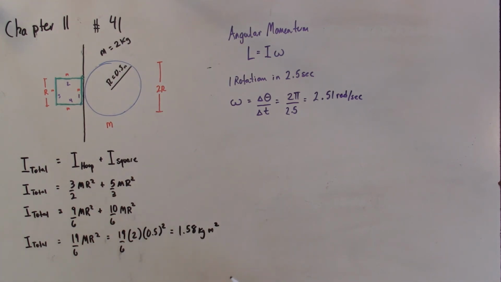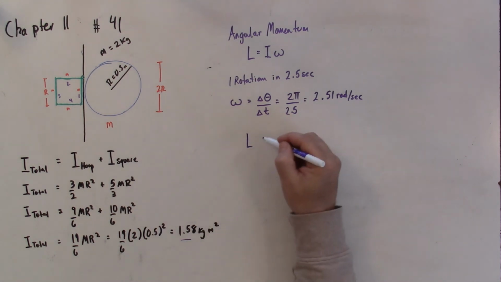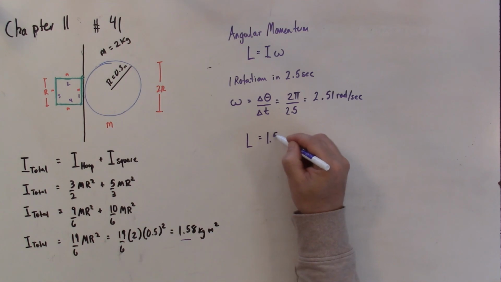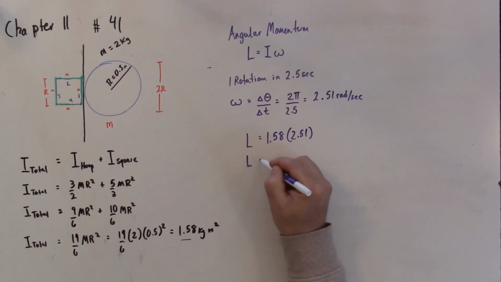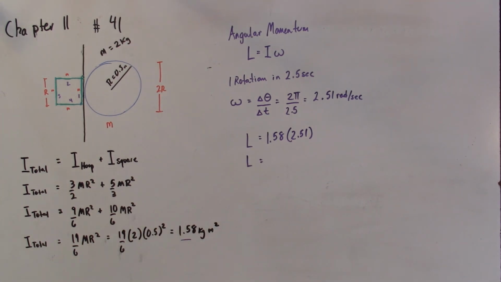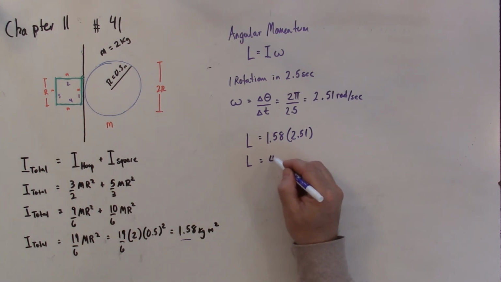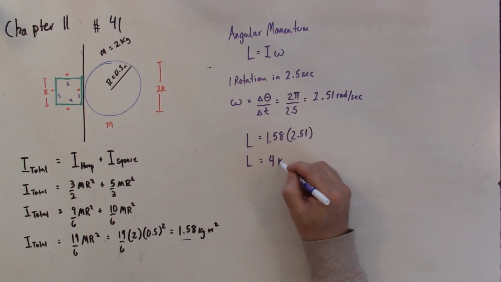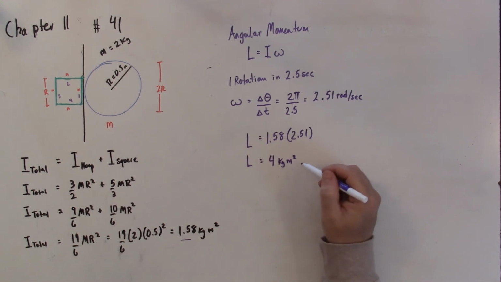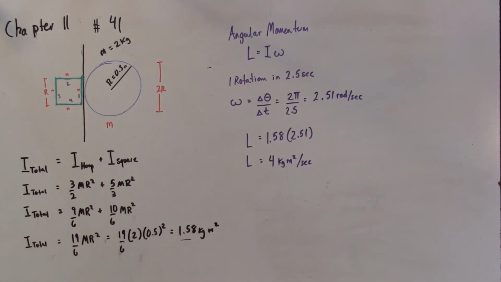So if I have that, and I take my total moment of inertia from before, I have 1.58 times 2.51, and my total here looks like it's right around 4. Now, what are the units for this? It's kilograms, meters squared, and then you would do radians divided by seconds, but they never put the radians in unless we're talking about that directly. So there you go, chapter 11, number 41.